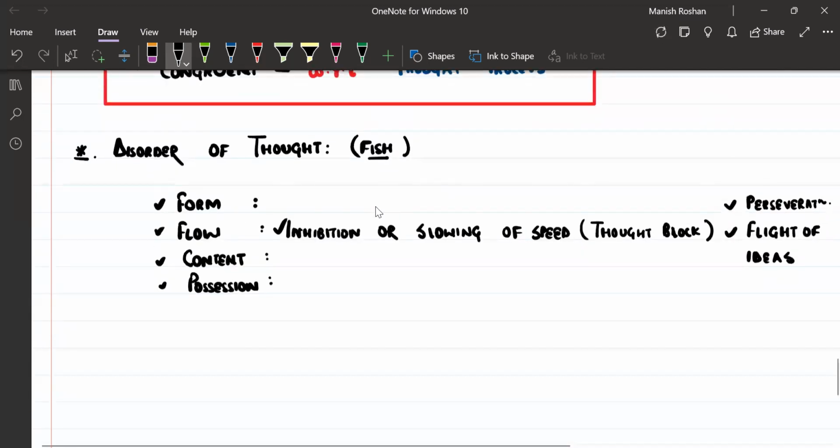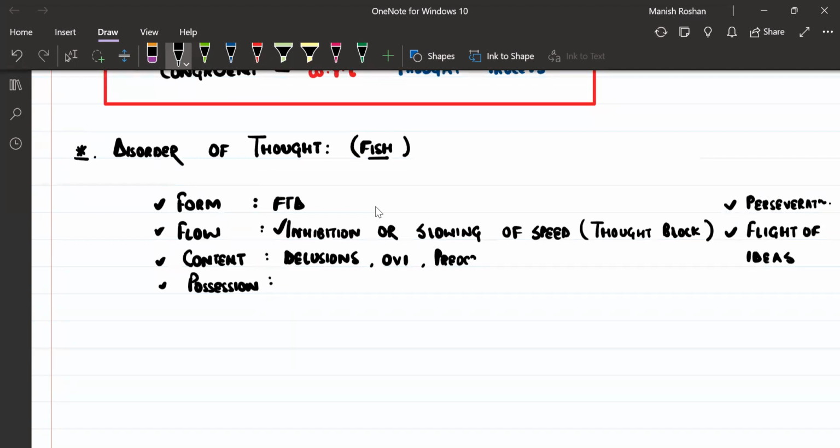In form, all the formal thought disorders. In content, we can write regarding delusions, overvalued ideas, preoccupation.